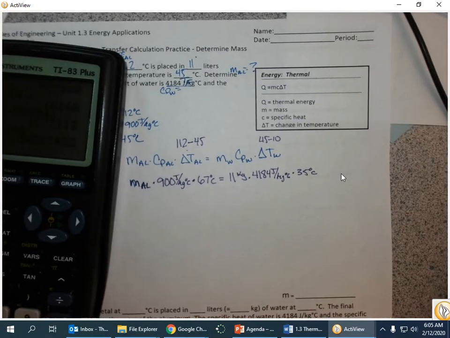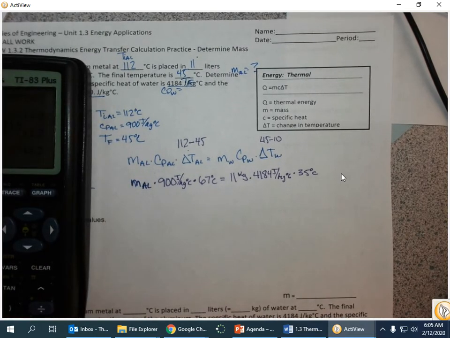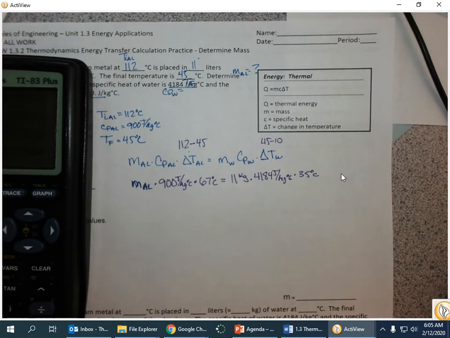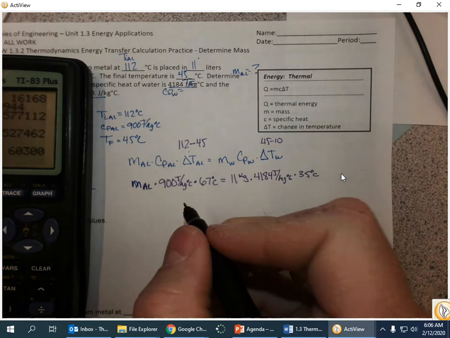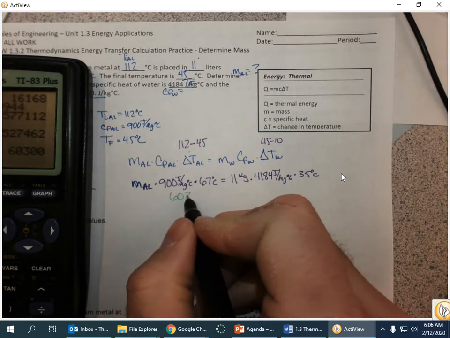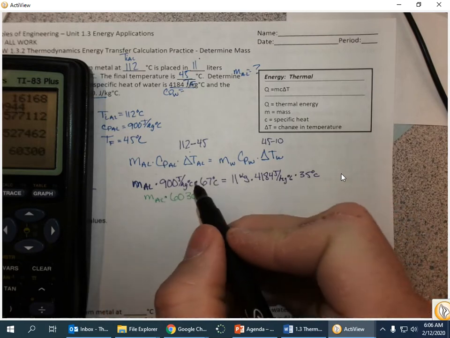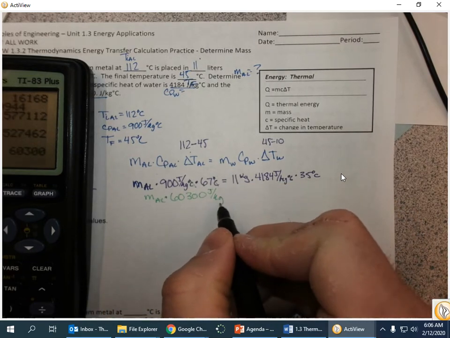So order of operations: no parentheses, no exponents, multiplication. 900 times 67 is 60,300 times the mass of aluminum still, and the degrees Celsius cancel, so that's joules per kilogram.